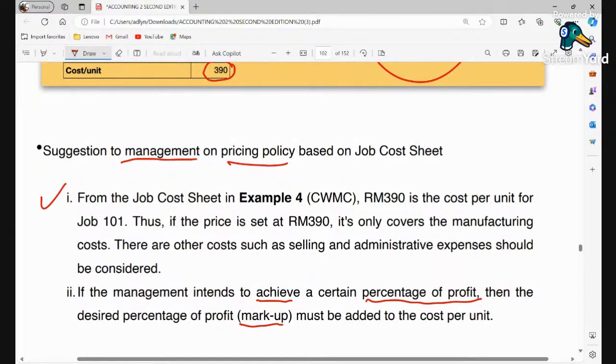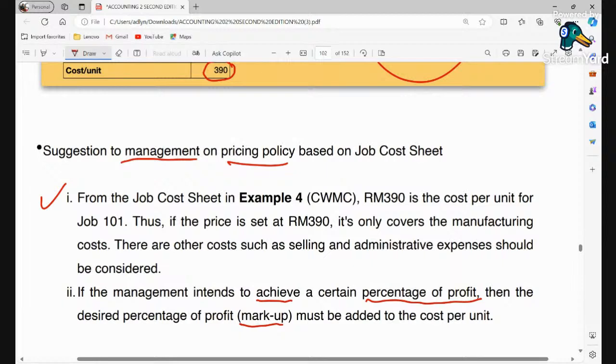Alright, bila you kira menggunakan sensitivity analysis. Okay, so I dah tahu dah my cost is 390. So I will suggest the management untuk set satu percentage for markup supaya saya the company will achieve the certain target of profit.